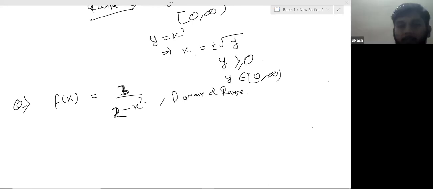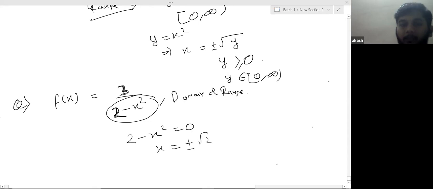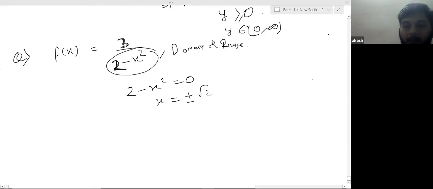Here, domain, this cannot be 0, right? Denominator cannot be 0. So let's put this value as 0. So x will be plus minus root 2, right? So x cannot be plus minus root 2 because this denominator will become 0 and 3 upon 0 is infinite.